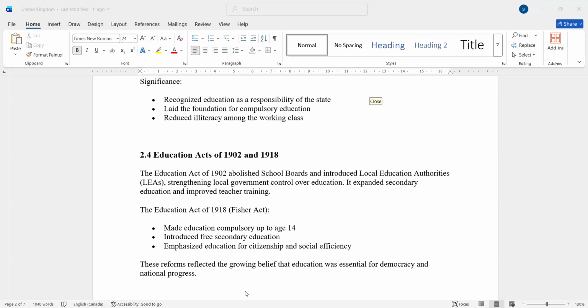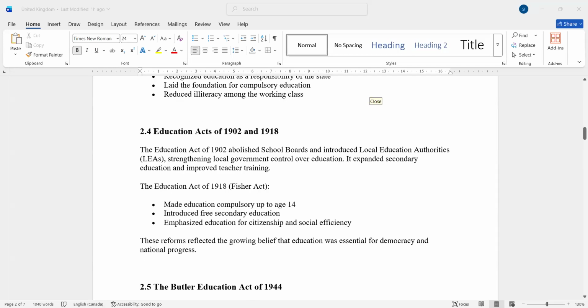So no one could vote there, because most of the laborers and the working community were not eligible to vote. See, here also the same. So it made education compulsory, introduced free secondary education, and emphasized education for citizenship and social efficiency.